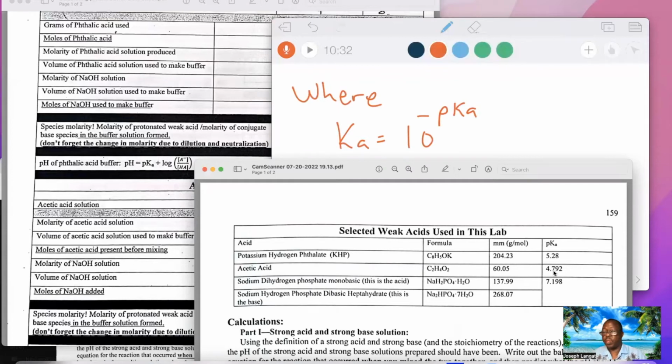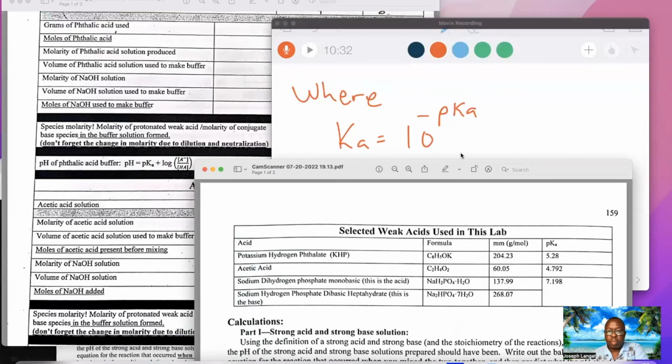Please follow the rules for significant figures when dealing with logs. It doesn't work the way you handle regular addition and subtraction.